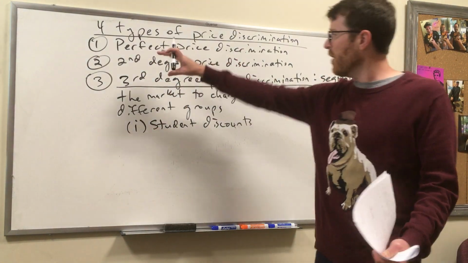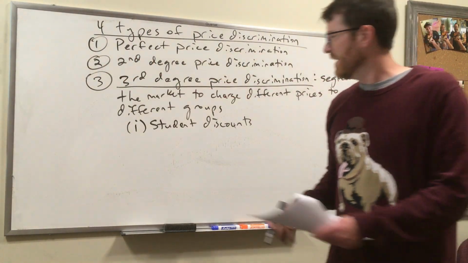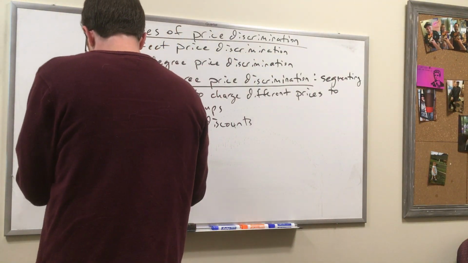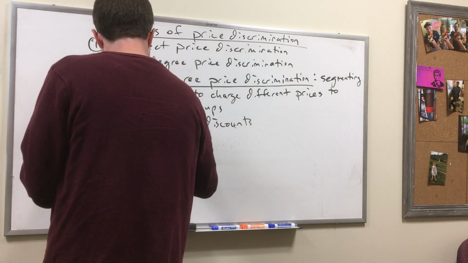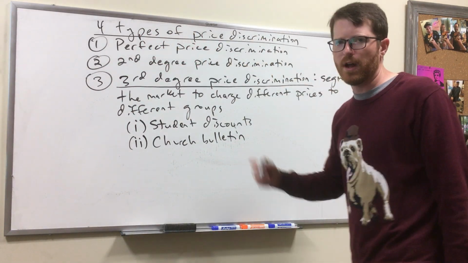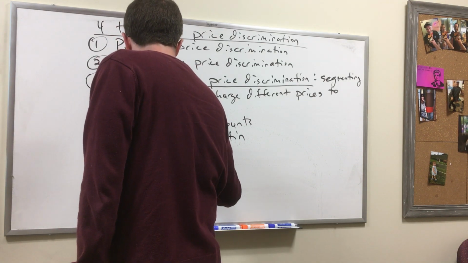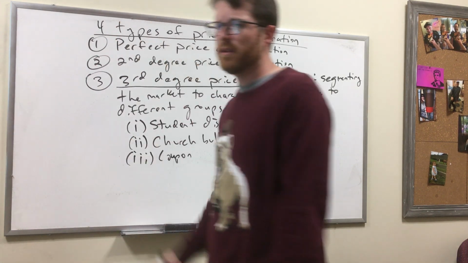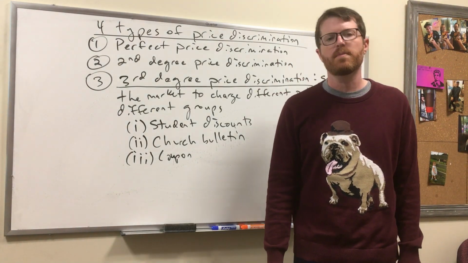You see second degree price discrimination, this bundle pricing, a lot. You also see this a lot, I believe. So student discounts, church bulletins: bring in this church bulletin and receive 10% off your purchase. Here's a real common one, coupons. The logic of coupons is, think about the type of person who's willing to cut coupons.